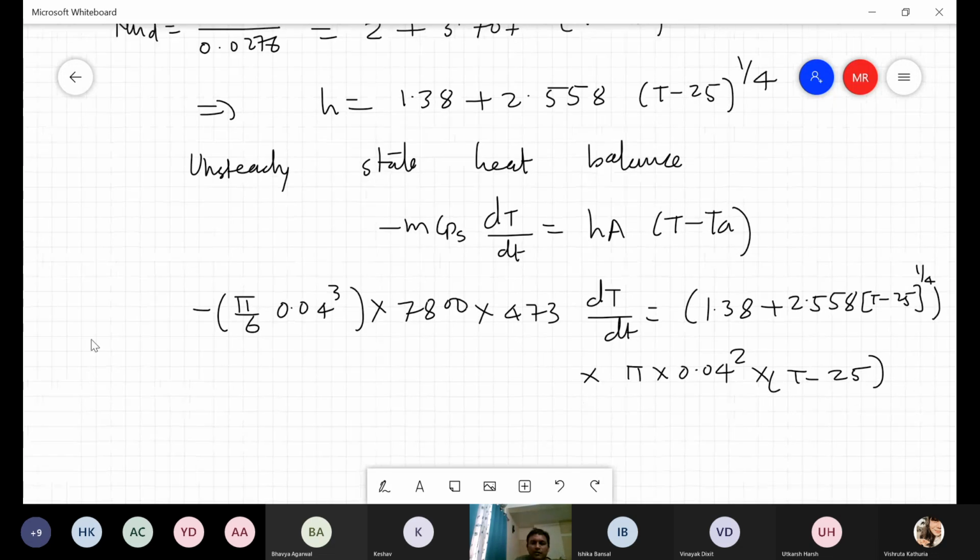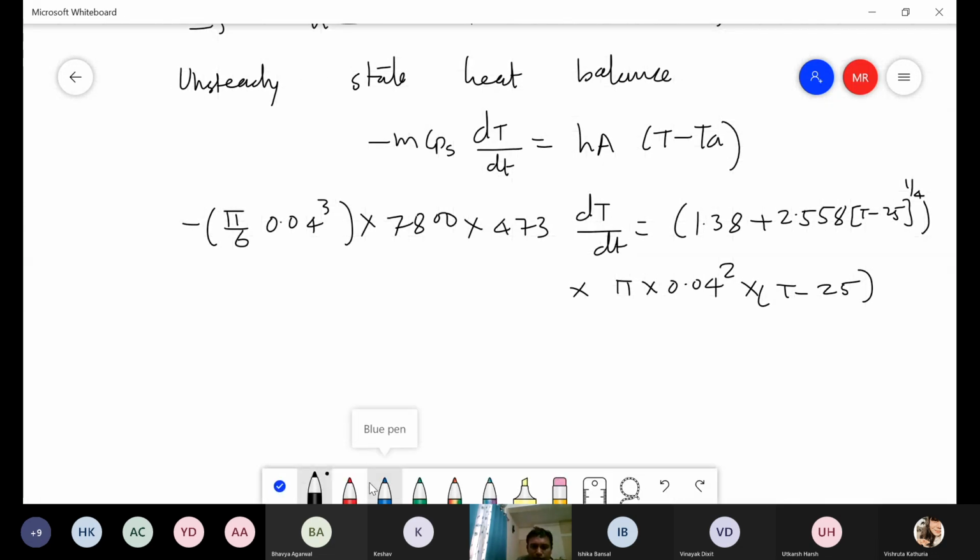So find out the expression in terms of dT by dt. Let us say minus dT by dt. What is the expression we are expected to get? So pi will get cancelled out. This will also get cancelled out. It becomes 0.04 divided by 6 into 7800 into 473, and that we have to take inverse.